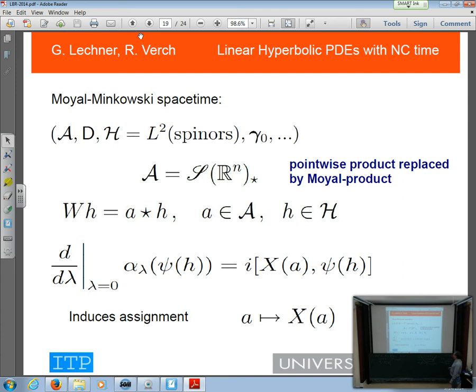So the message, everyone listen, message: the information that in this case we have a quantum field theory living on a non-commutative spacetime sits, if you like, in this assignment. Or that is not the only way, but that is a way to find out.